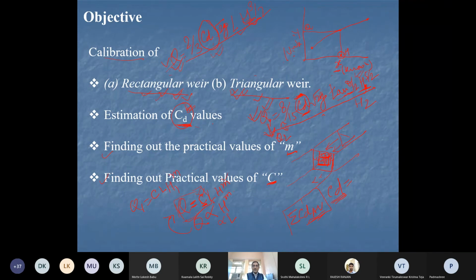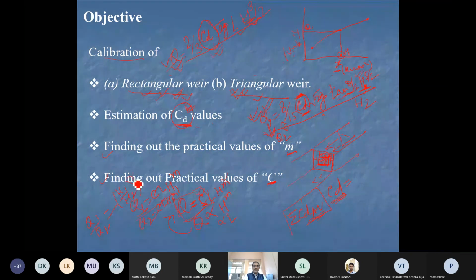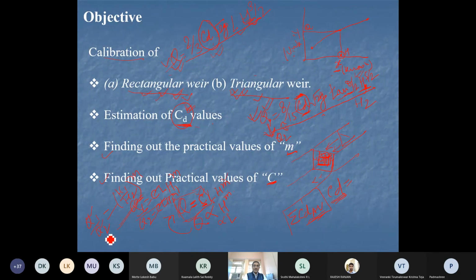So if we have two observations, Q1 and Q2, with C L H to the power m, if we simply divide Q1 by Q2, that will be equal to H1 by H2 to the power m. And by using this relation, because for Q1 and Q2 two observations we have respective H1 and H2 two heads, we can find out the practical value of m here.